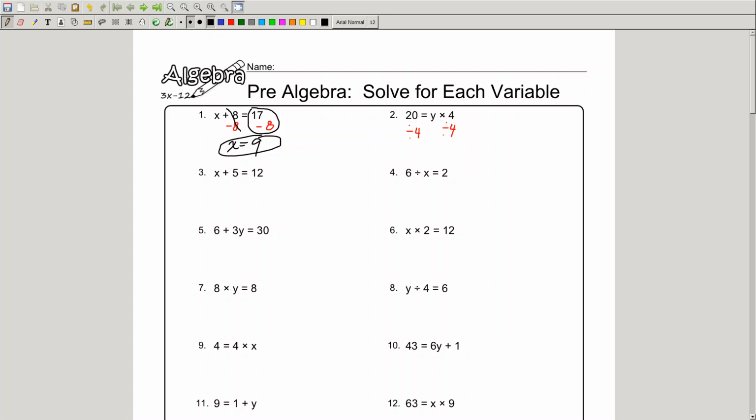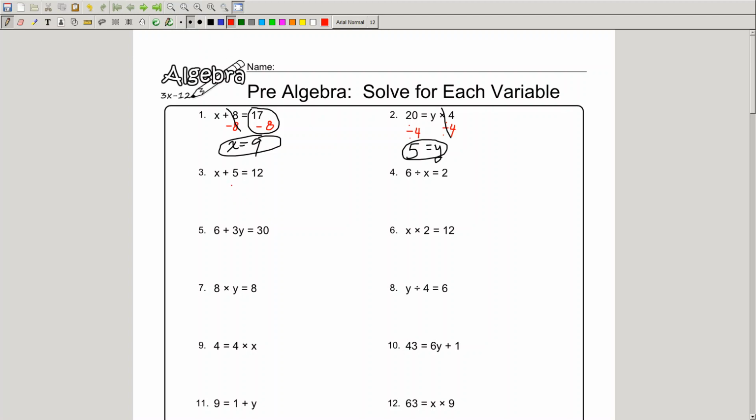They cancel. If I'm multiplying by 4 and dividing by 4, they cancel each other out, and I'm left with, you guessed it, y. So y equals 20 divided by 4, and 20 divided by 4 is 5. That's essentially how you isolate for any variable using reverse operations.